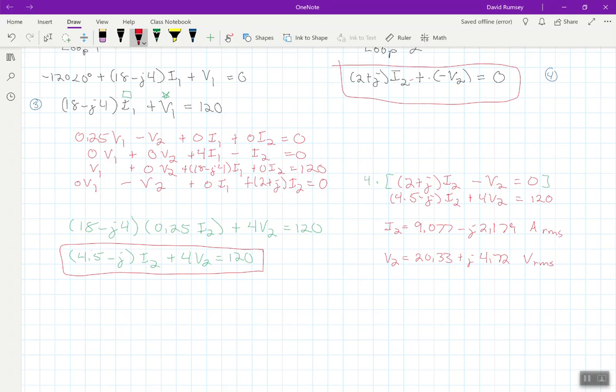Now I'm going to go ahead and convert these to polar here. If I convert them to polar, I get I2 is equal to 9.33 at an angle of negative 13.5 degrees amp RMS.